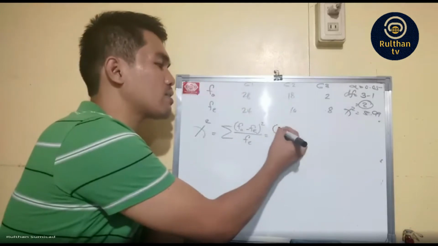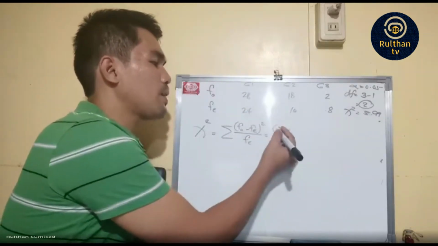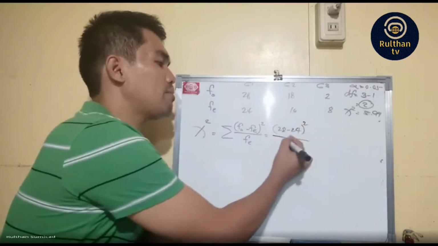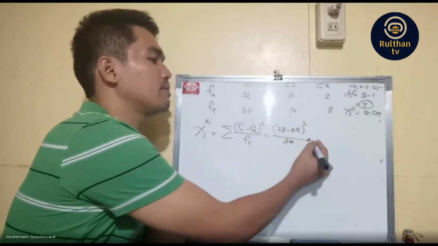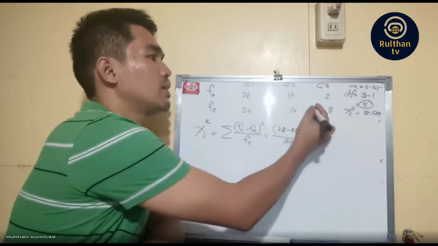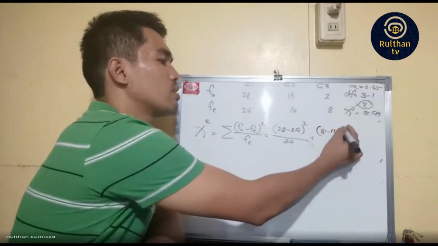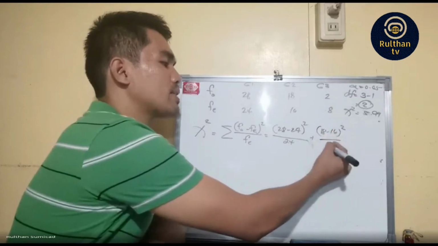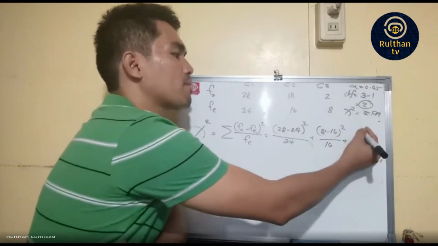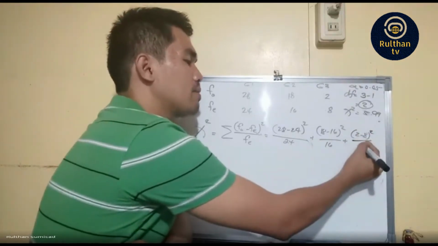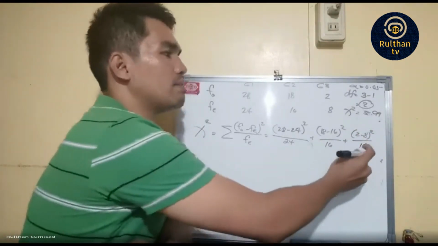So that's 28 minus 24 squared divided by 24 plus 18 minus 16 squared divided by 16 plus 2 minus 8 squared divided by 8.